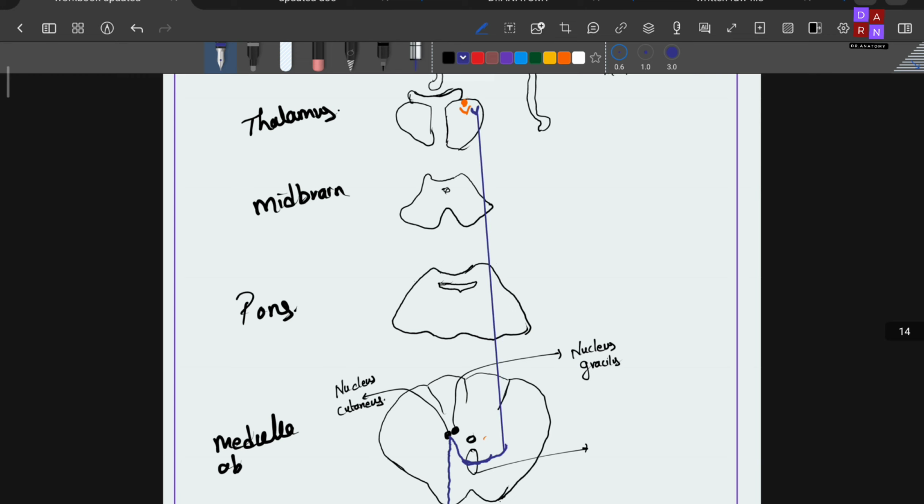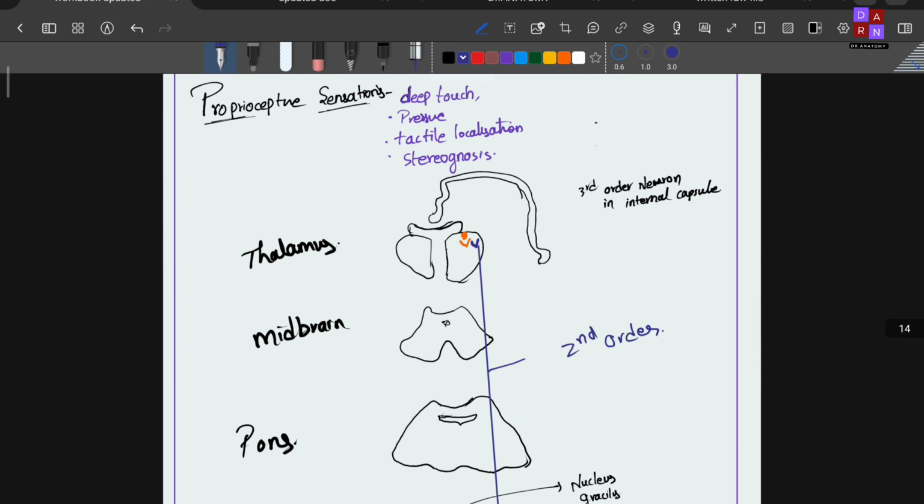This is your second order neuron. From here, it ascends upwards to the sensory cortex.